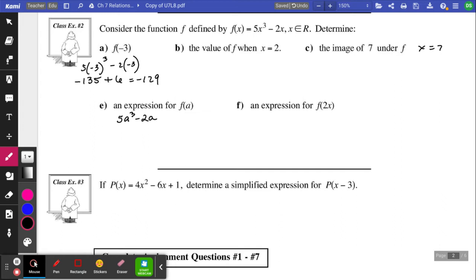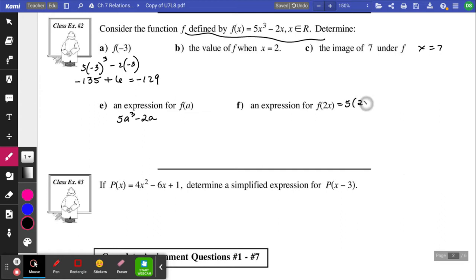F is a little bit harder. What is the input in letter F? Over here, what is our input? 2x. So everywhere, we do to that whatever we did before to the input. The definition of f up at the top says write down 5, then take the input and cube it. What's our input this time? 2x.